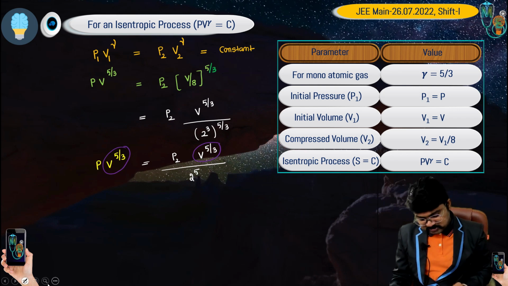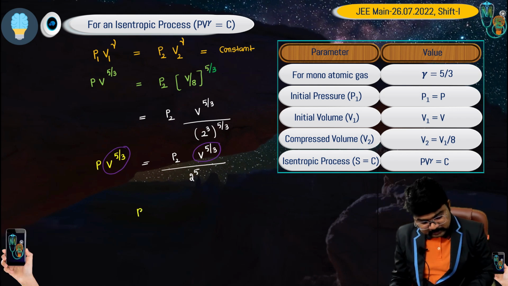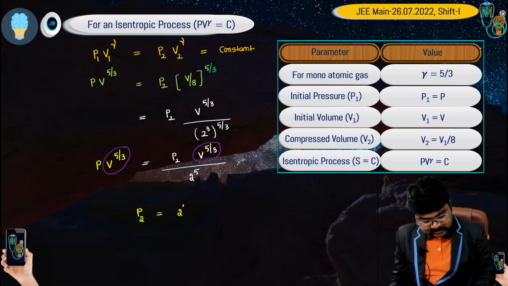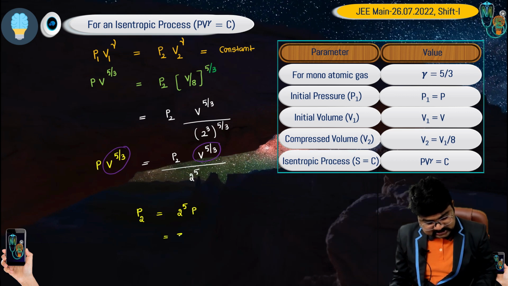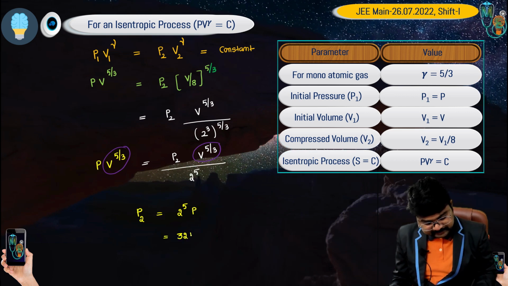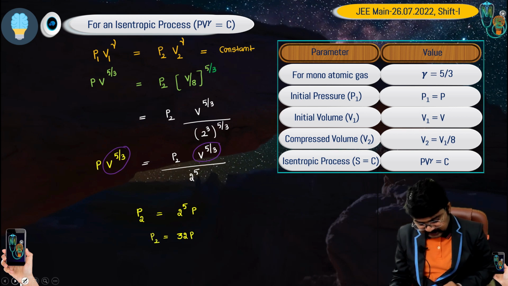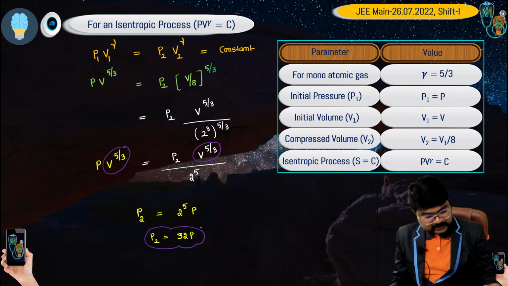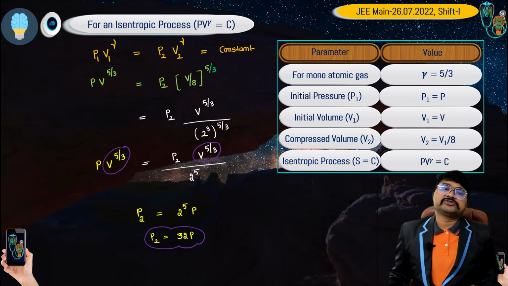So finally, how much will you be getting for P2? I can confidently say that P2 equal to 2 power 5 P. So this is 32P. P2 equals 32P. Understood? This is the way to solve this problem.